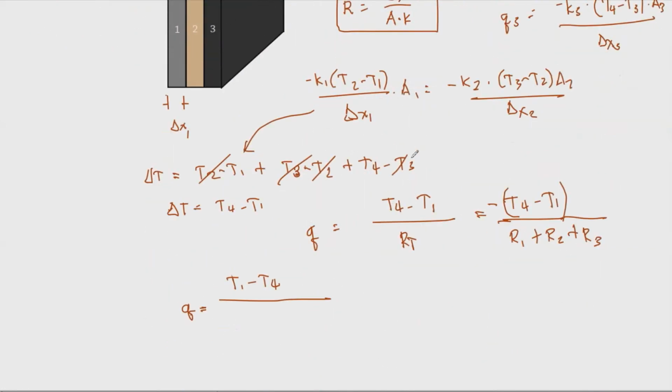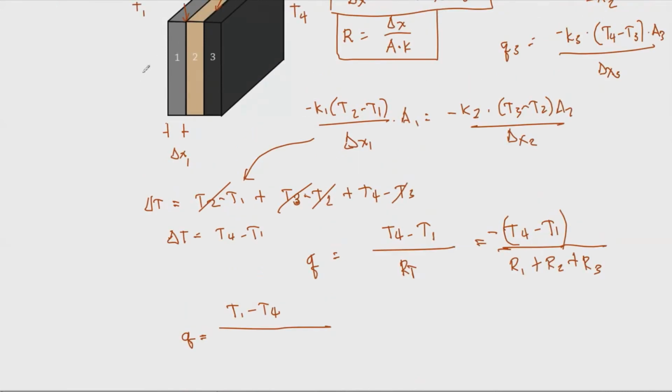So for slabs, R1 is simply equal to the thickness delta x1 divided by area multiplied with its thermal conductivity. And for R2, what we get is thickness delta x2 divided by area 2 and K, or thermal conductivity 2. Then plus R3, delta x3 over area 3 multiplied with thermal conductivity 3.